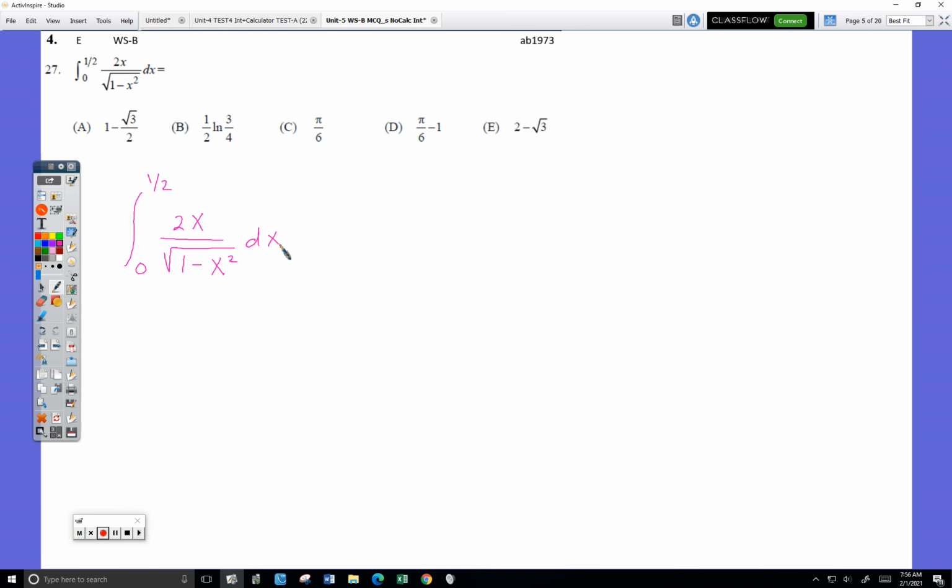So think of this as f prime. We talked about that last time. Think of that as f prime. According to the fundamental theorem of calculus, this integral must equal the difference in the two f values that are expressed as limits.